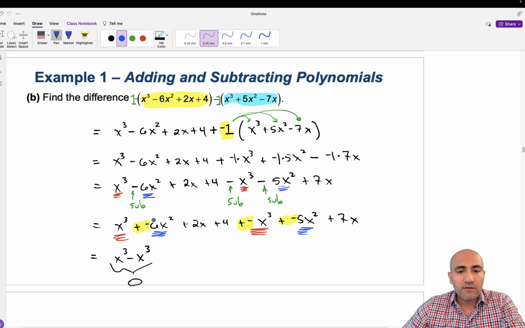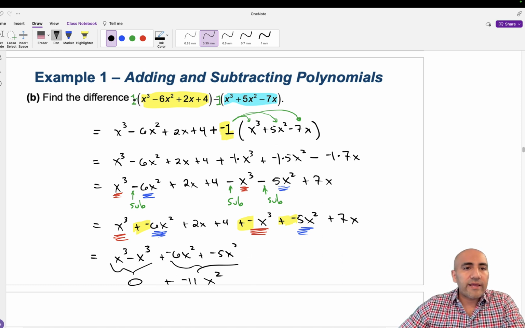Hopefully, we could have just seen it right there, and we could have gotten the same answer from here. So that just turns into plus negative 6x squared plus negative 5x squared, and together they give you plus negative 11x squared.